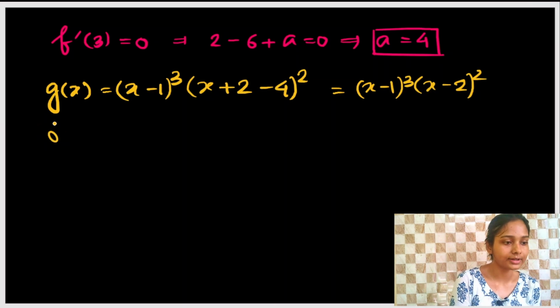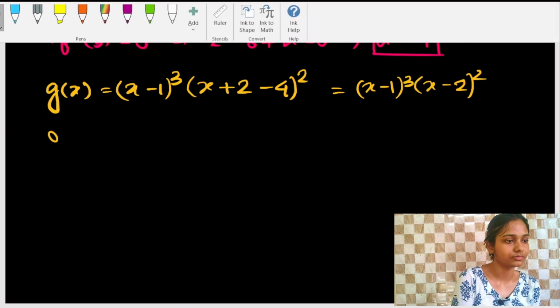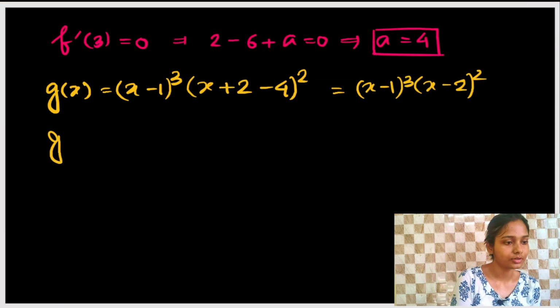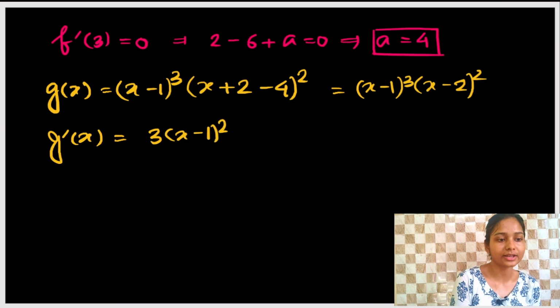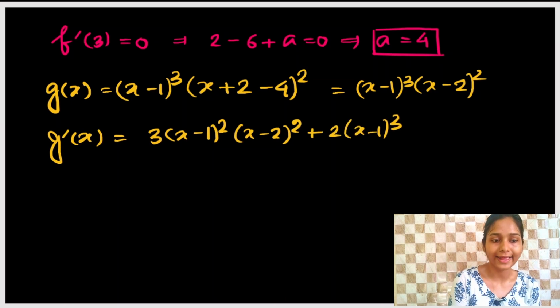If we differentiate it, we will obtain 3 into (x minus 1) whole square into (x minus 2) whole square plus 2 into (x minus 1) whole cube into (x minus 2).